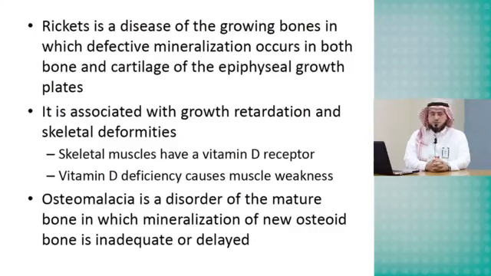Rickets is a disease of the growing bones in which defective mineralization occurs in both bones and cartilage of the epiphysis growth plates. It's usually in children associated with bone deformities as well as with short stature, while if there is defective mineralization happened in adulthood, i.e. after closure of the epiphysis, usually is not associated with short stature, usually associated with bone deformity only.